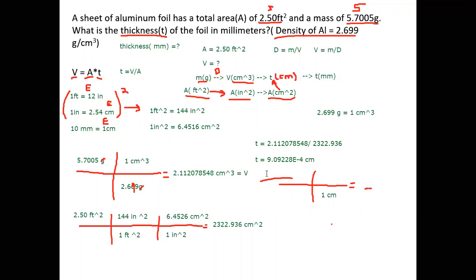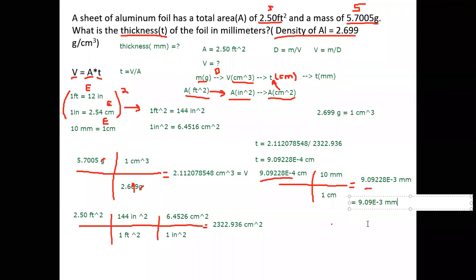Then we have to convert that to millimeters. Now we get 9.0990228 times 10 to the negative 3 millimeters. We've got to round it to 3 significant figures. So we get 9.09 times 10 to the negative 3 millimeters. And that's the thickness of the foil.